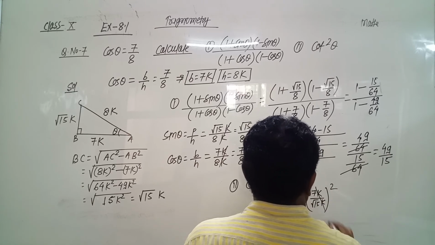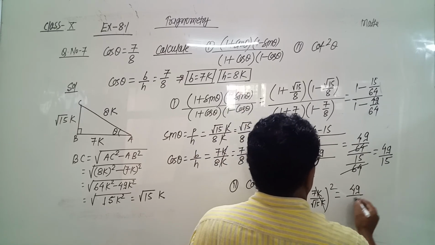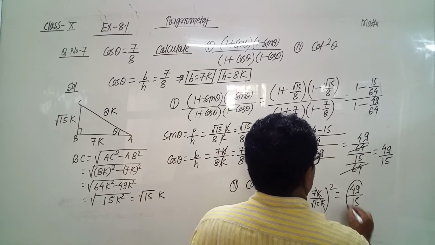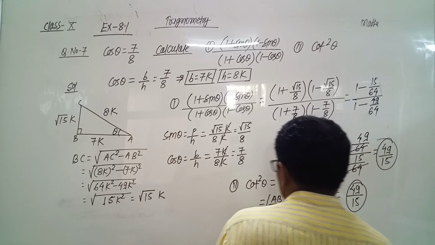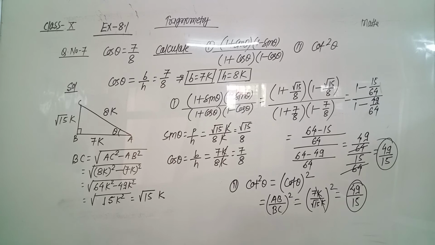K and k cancel. The square of 7 is 49 and the square of root 15 is 15, so 49 by 15. So both have the result 49 by 15.